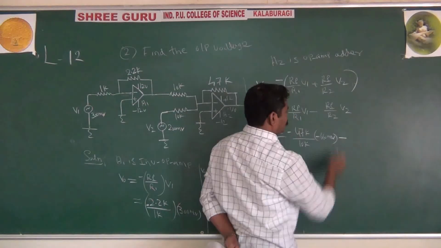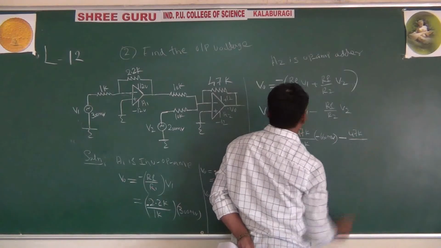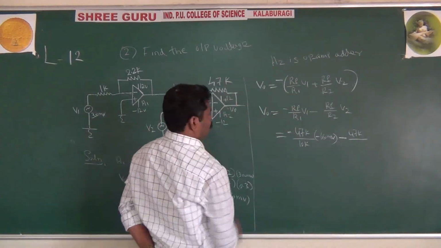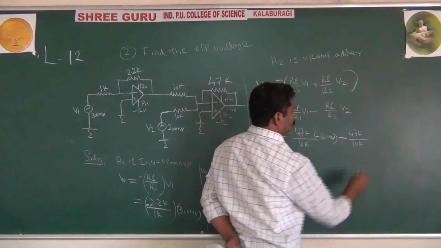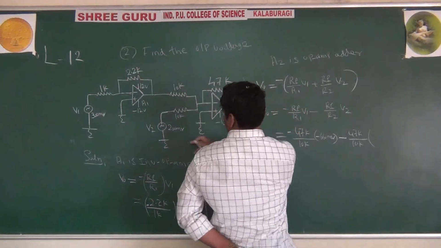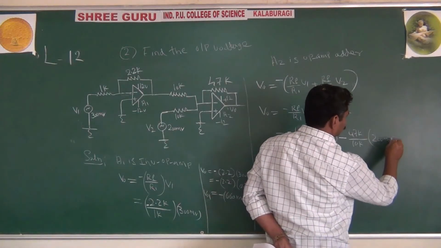Here Rf is once again 47K and this R2 is 10K, and into V2, which they have given as 200 millivolts.